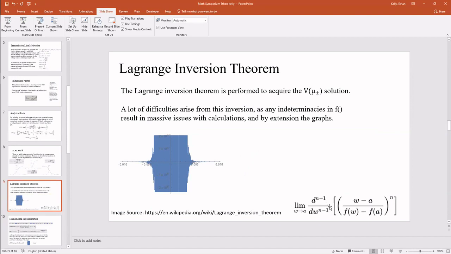So by performing the Lagrange inversion theorem, a very significant part of it is taking the derivative of the variable minus a constant over a function of the variable, to the nth power. So basically what you're doing is amplifying that indeterminate form.